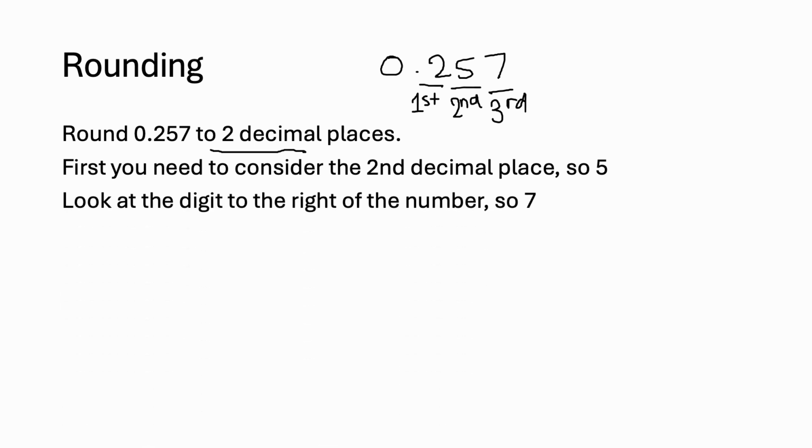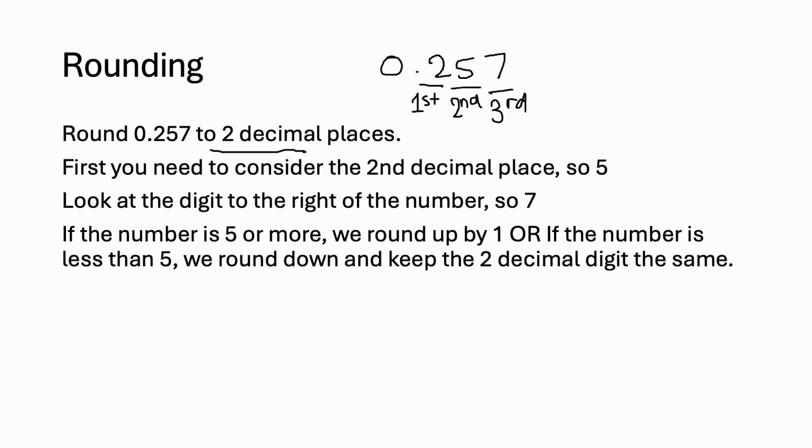Next thing we do is we look at the digit to the right of the number. So we look at the 7, which is to the right of 5. If the number is 5 or more, we round up by 1. Or if the number is less than 5, we round down.